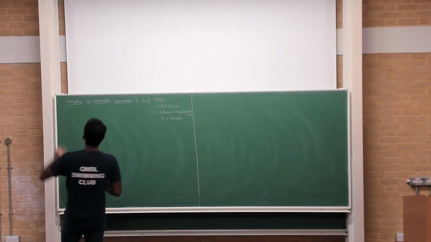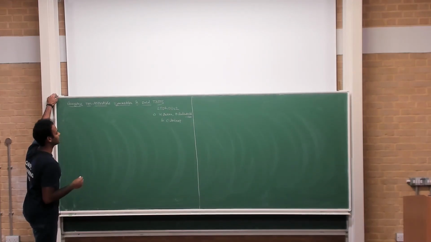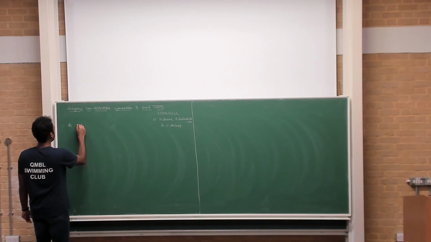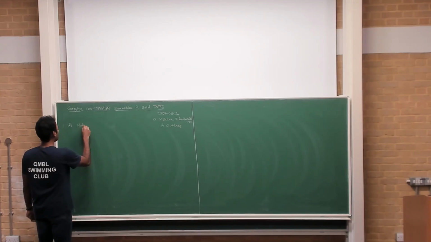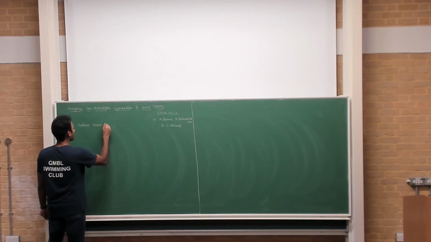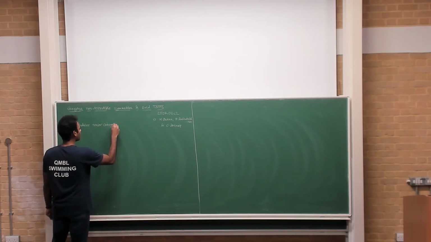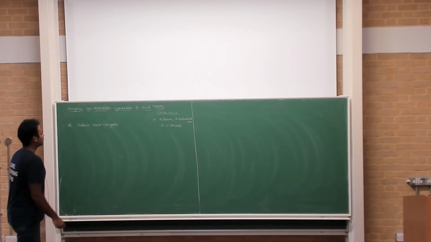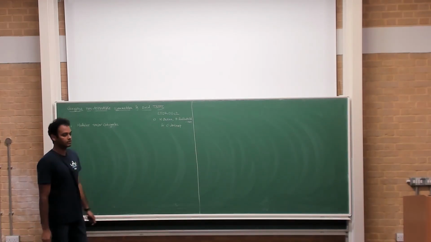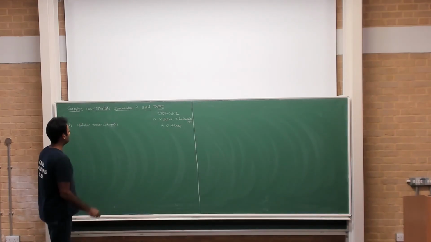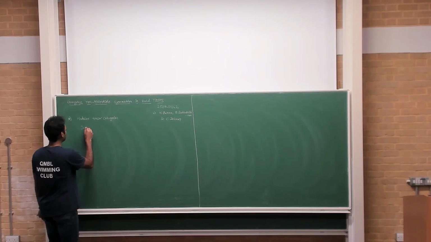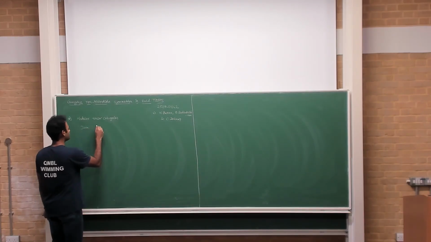Let me start by briefly reviewing modular tensor categories and TQFTs. So, a modular tensor category is a mathematical structure that captures one-form symmetries of a 3D TQFT. The data that goes into specifying a modular tensor category is as follows.